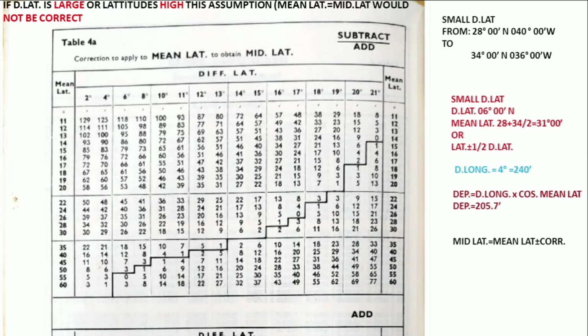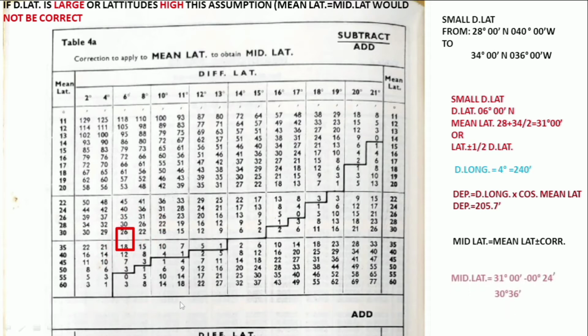Now if I wanted to put a correction to mean latitude to get my middle latitude, you can see here my d lat is 6 degrees and my mean lat is 31 degrees, somewhere between these two values.